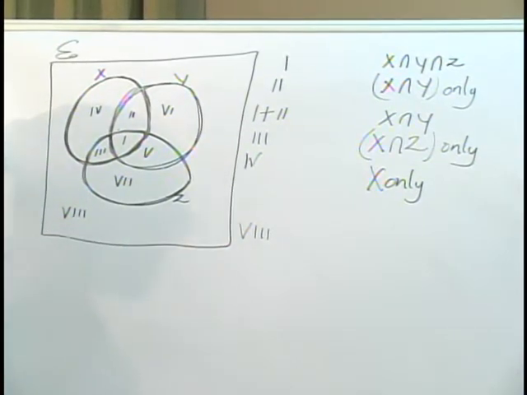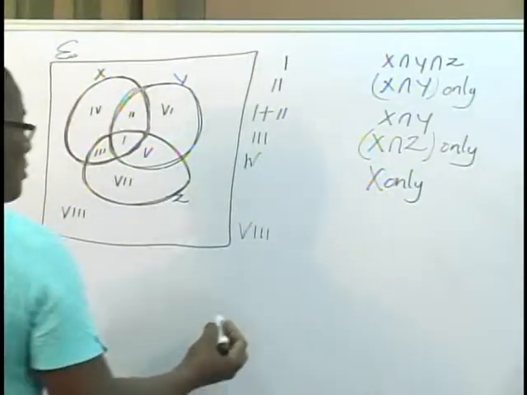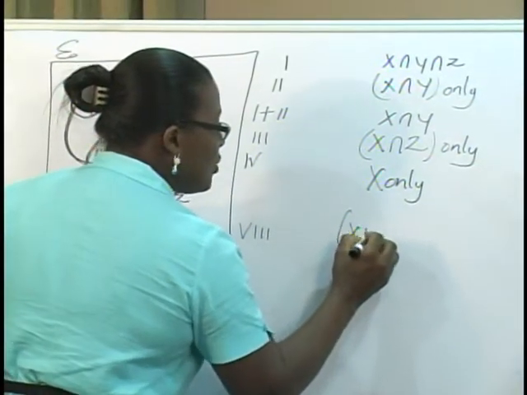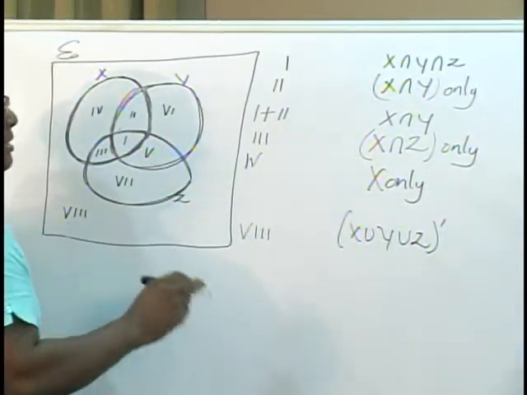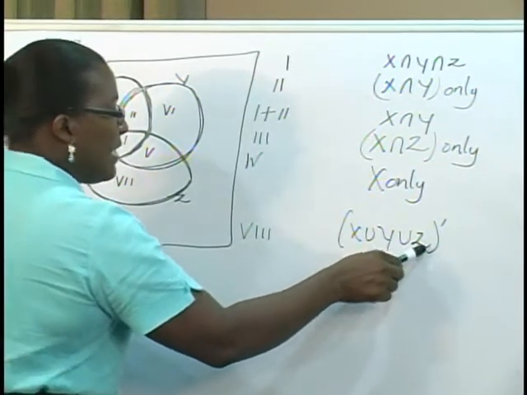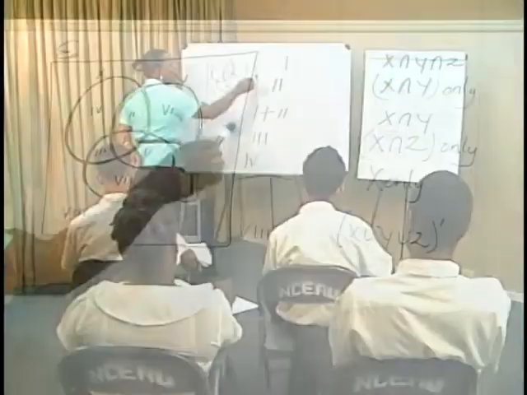What shall I write it as? X union Y union Z complement. I have a brilliant group of students here. It's not in X nor Y nor Z, but it's still within the universal set.